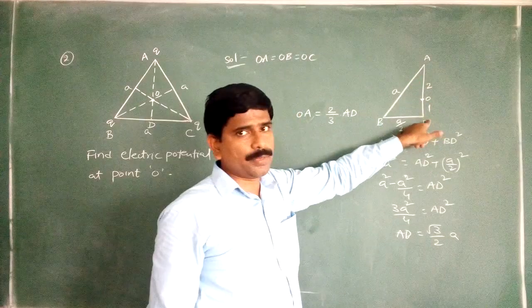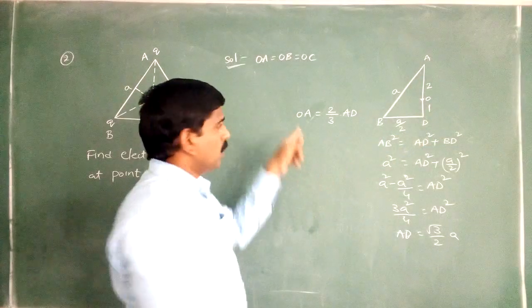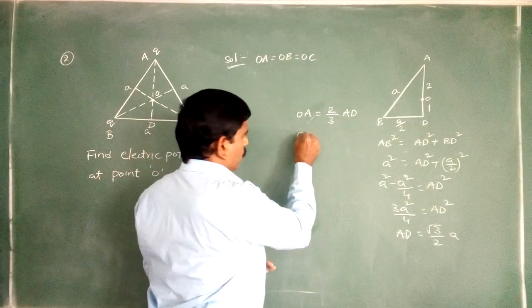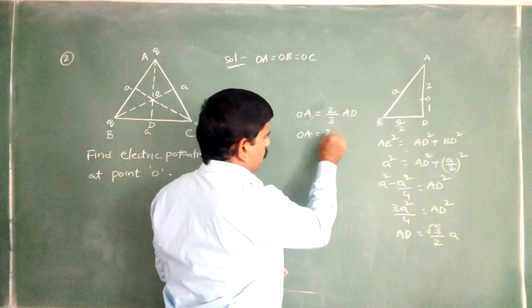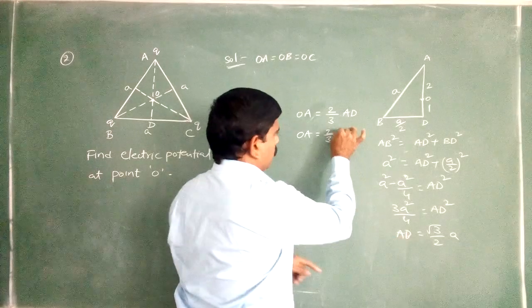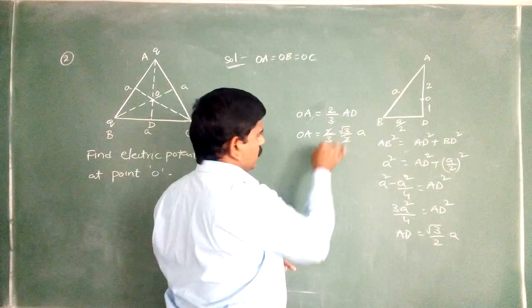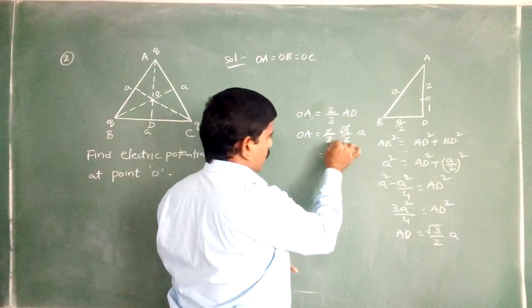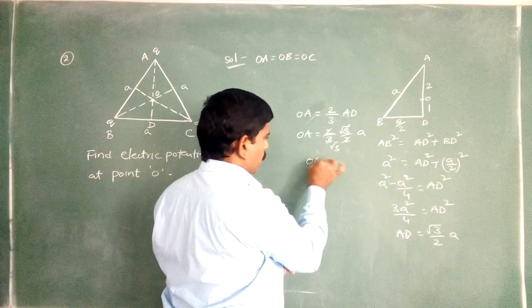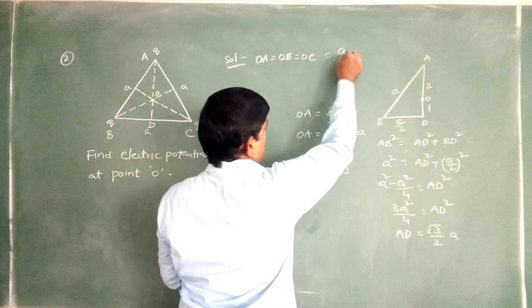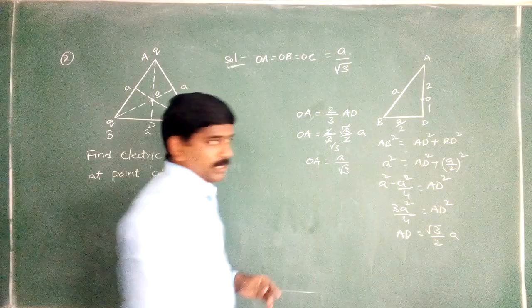So OA is equal to 2 by 3 into AD, which is 2 by 3 into root 3 by 2 into A. The 2s cancel, leaving root 3 times. Therefore OA is equal to A by root 3.